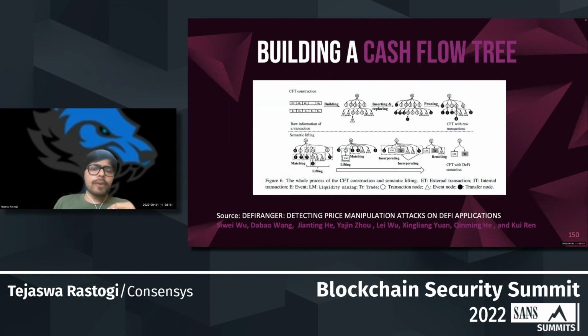So the next step could be to build a cash flow tree, right? What is supposed to be done in the cash flow tree is you got all the internal transactions, right? Now you're supposed to make a pattern out of it, right? Let's say a flash loan. Adding to it, we want to attach the transfer events that happened.